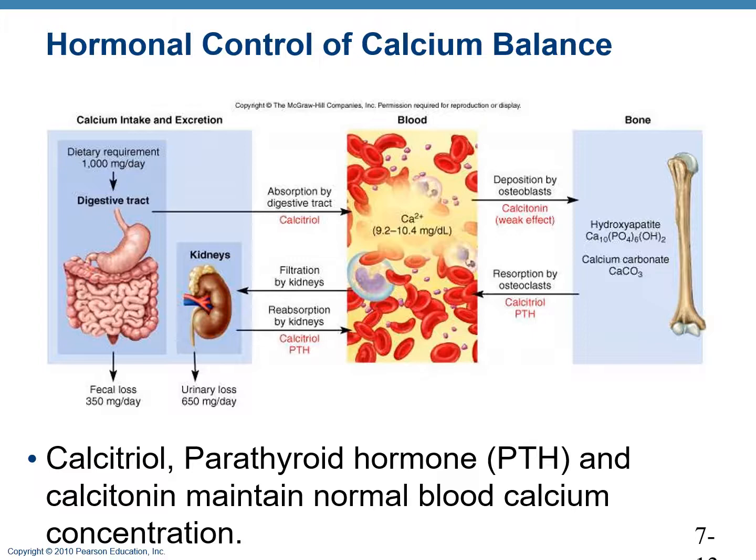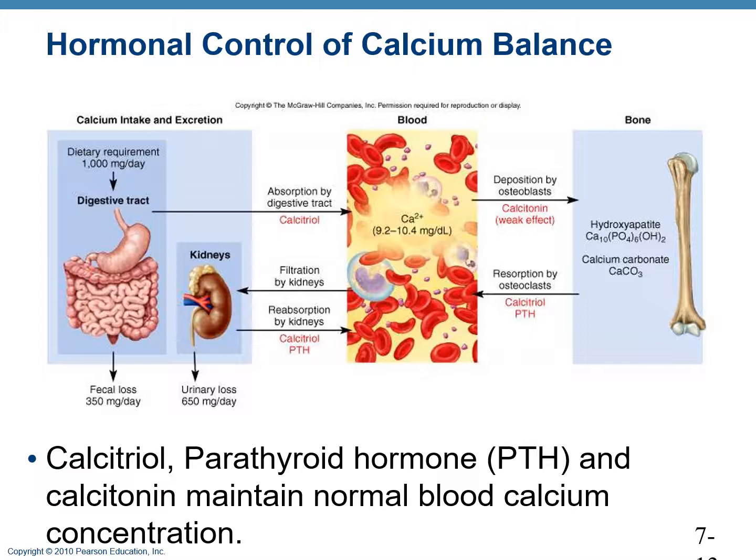So calcitriol, this is the most active form of vitamin D, and what this does is it increases blood calcium concentration. So as you can see here, it can increase blood calcium concentration basically by taking away from the bone.